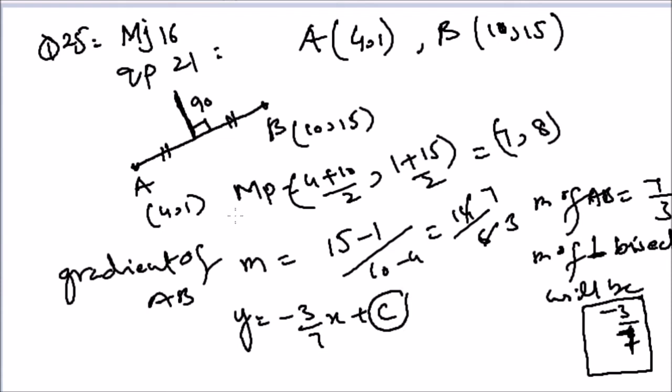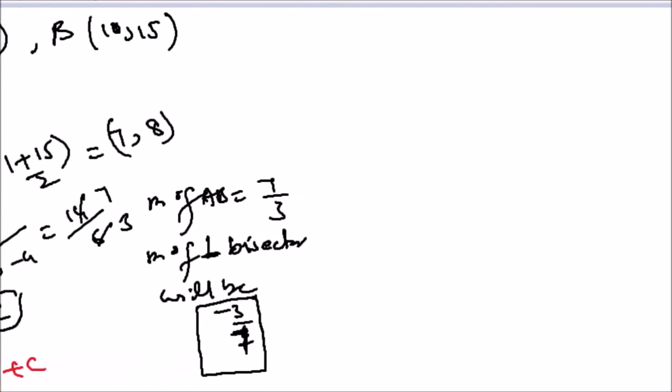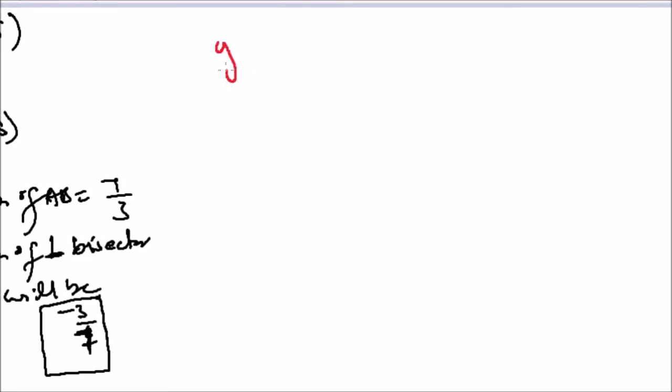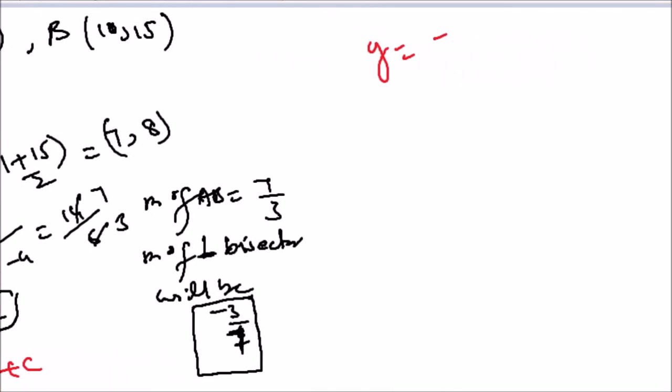Since the line is passing through the midpoint, we input this midpoint value. The midpoint we got is (7, 8). So y is equal to -3/7x plus c.